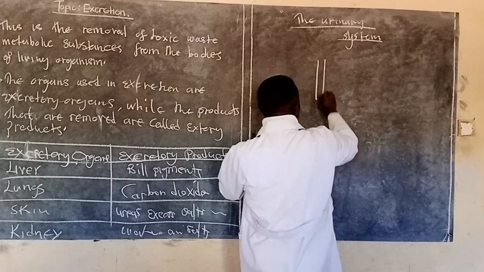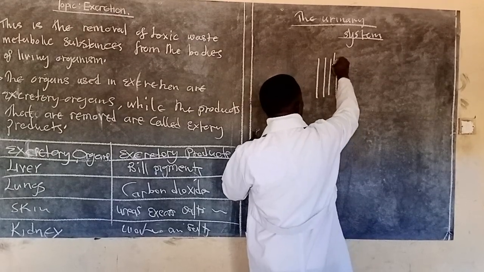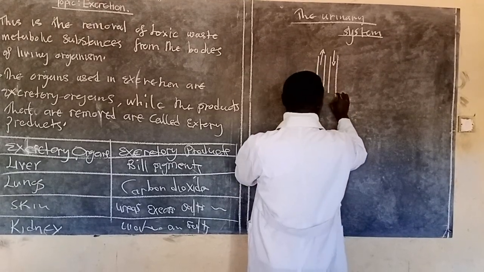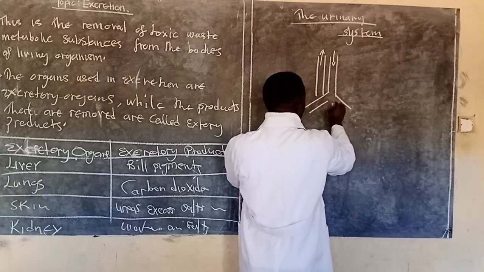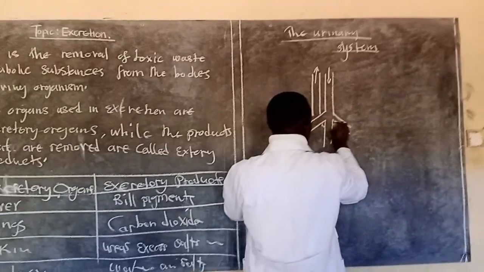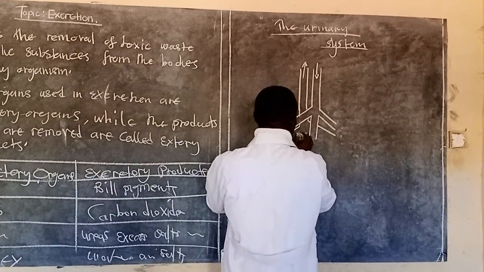Number one, you're going to have a structure like this. You have an arrow going downwards and an arrow going upwards. Then you have something like this, and to continue going downwards, you have also something like this.